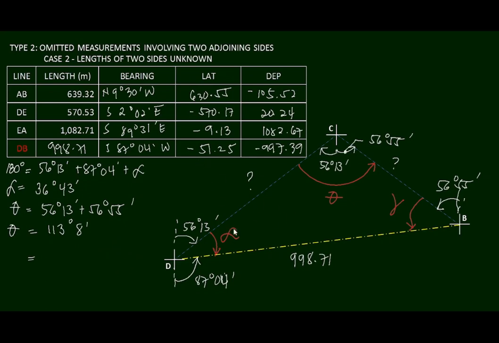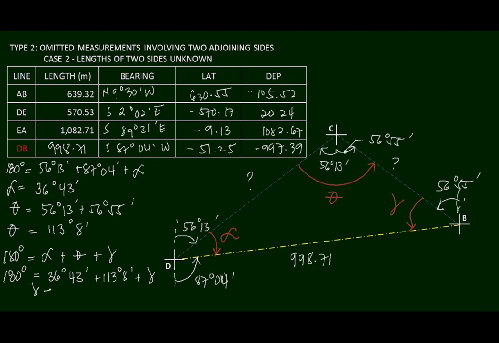So again, the sum of the interior angles of a triangle is equal to 180 degrees. So that is equal to your alpha plus theta plus gamma. So 180 degrees is now equal to my alpha is 36 degrees, 43 minutes. My theta is 113 degrees, 8 minutes, and gamma.